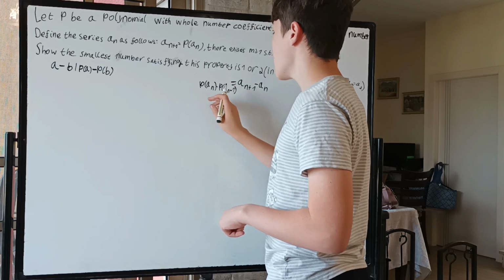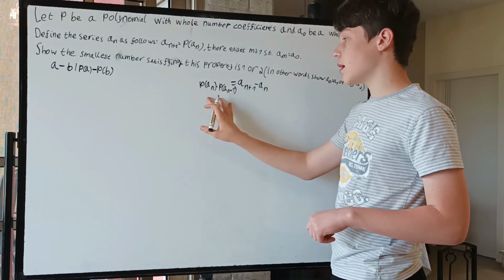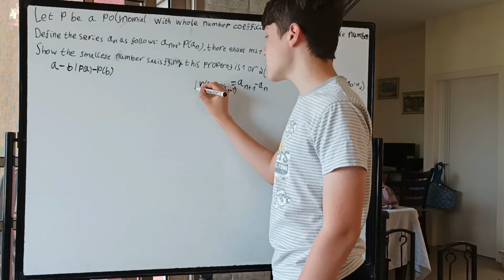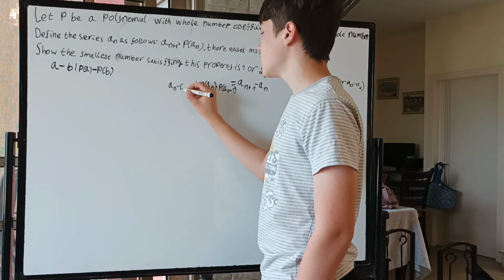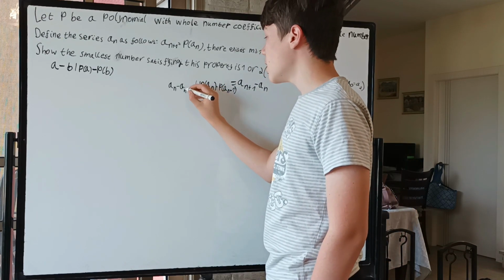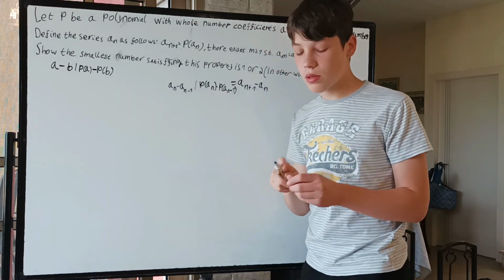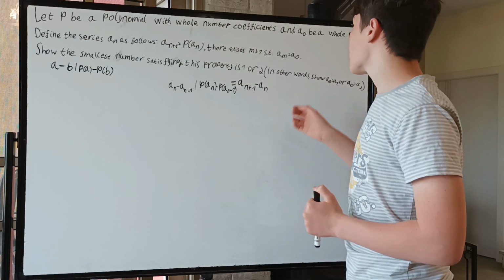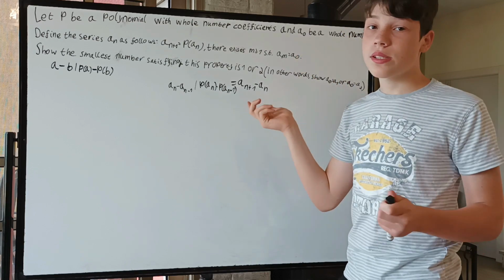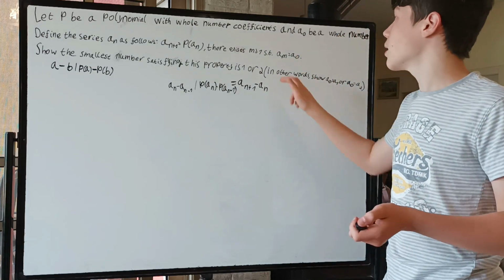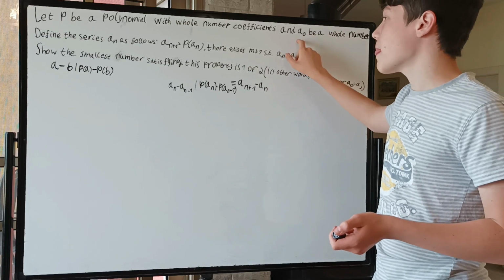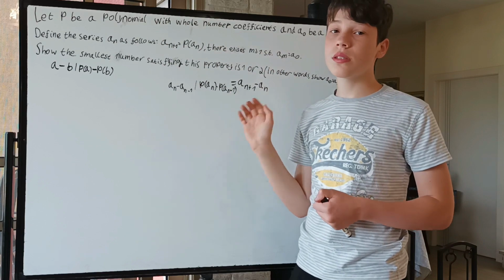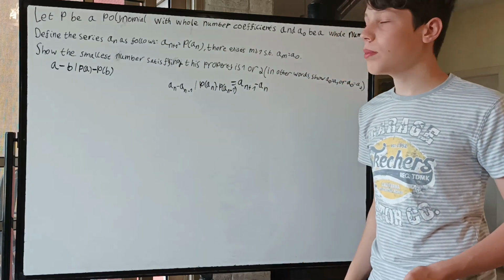But notice that we know by this property that an minus an minus 1 divides into this. And I should mention also an and an minus 1 have to be whole numbers because you can show with induction: a0 is a whole number, and if you put a whole number inside a polynomial with whole number coefficients, you'll still get a whole number.